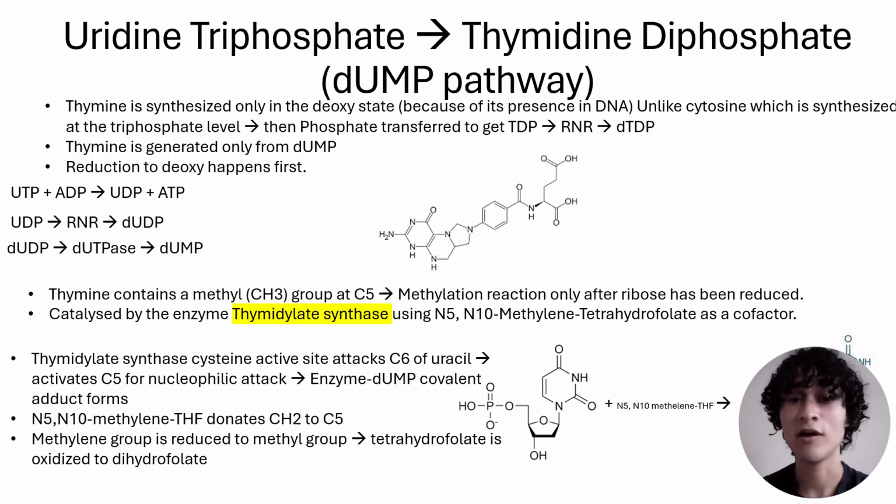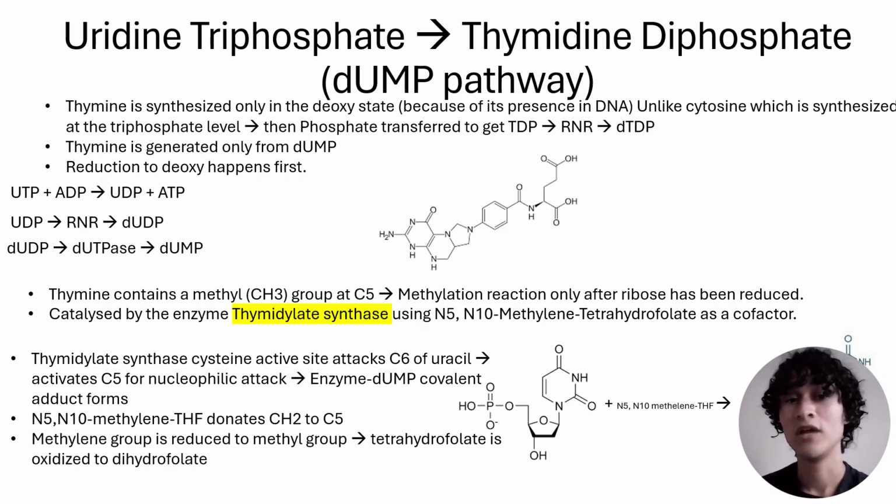It forms an enzyme-dUMP, or enzyme-deoxyuridine monophosphate, covalent adduct between that sixth and fifth carbon, and that allows the methyl group to transfer from our tetrahydrofolate. Our tetrahydrofolate becomes oxidized to dihydrofolate, and that methylene group is taken off and placed onto that fifth carbon, and that gives you deoxythymidine monophosphate.